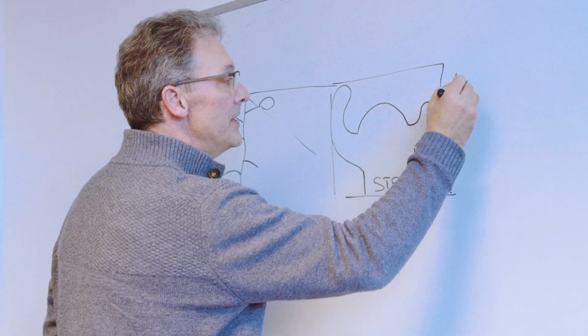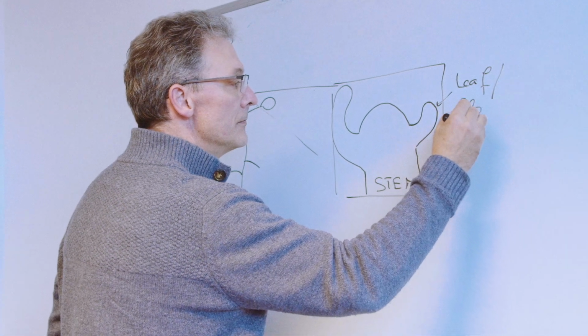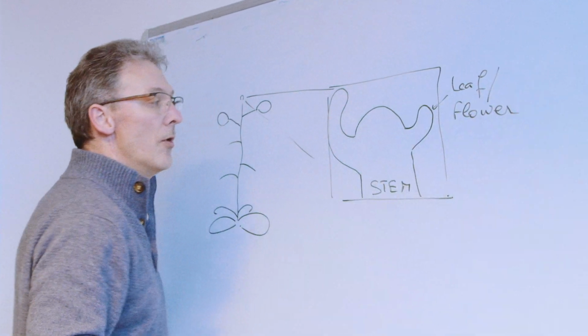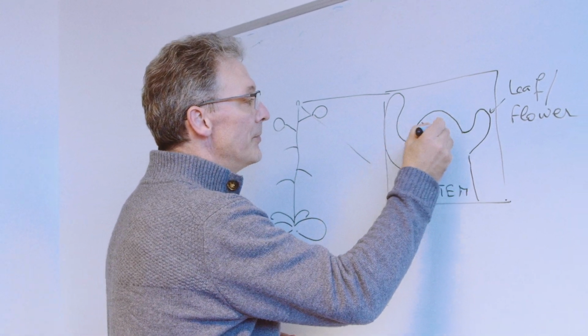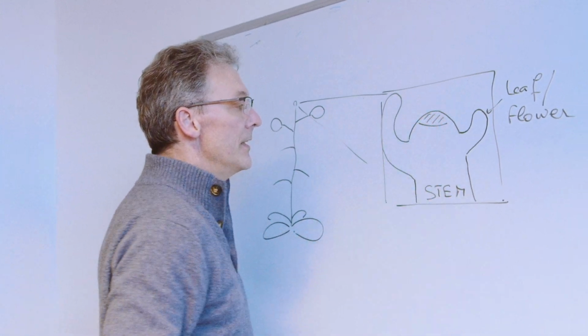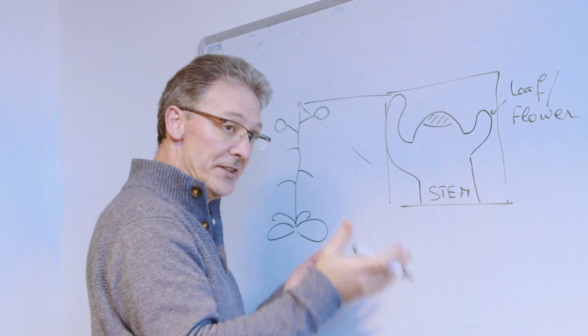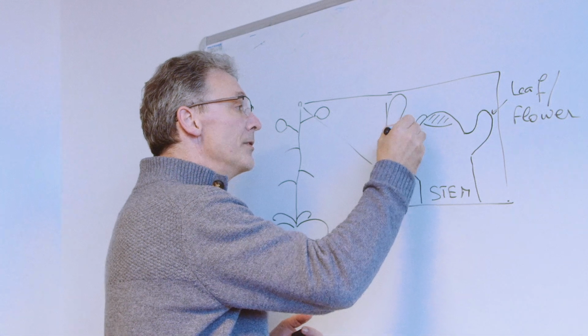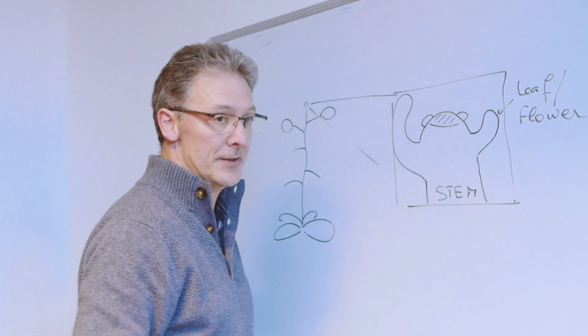This can be a leaf, or a flower, or anything else that is produced by the meristem. And this part here is the place where all the stem cells are living, and they are dividing, and they are producing the small organs here, one after the other, at the tip of the plant.